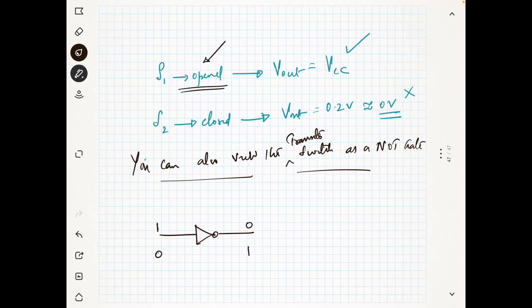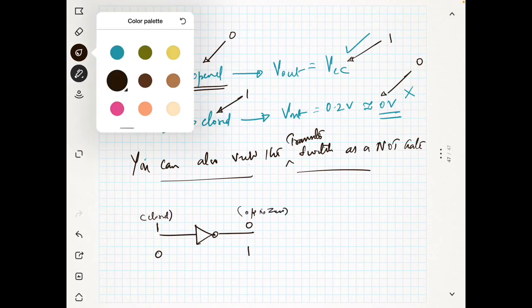That means the switch is opened, meaning you are giving input 0, and you have a power supply. That means output is 1, logic 1. Now the switch is closed means you are giving a power supply. That means you are giving 1, and at the output you are getting 0.